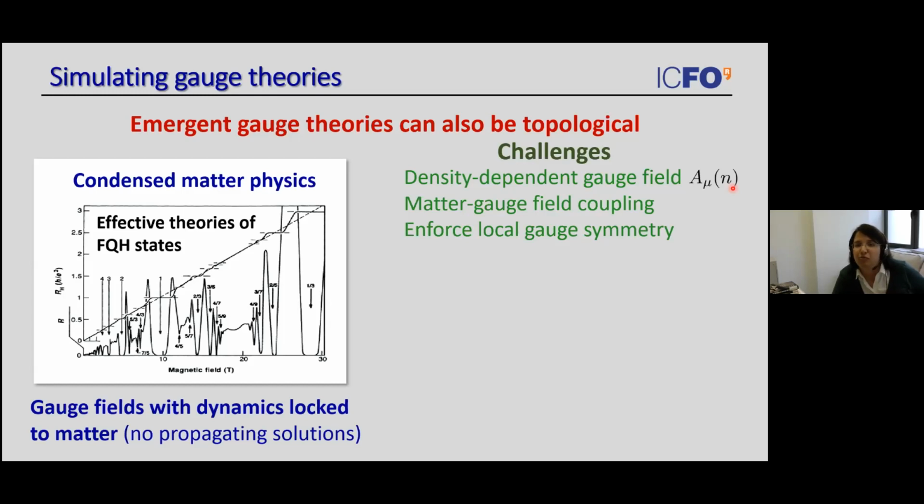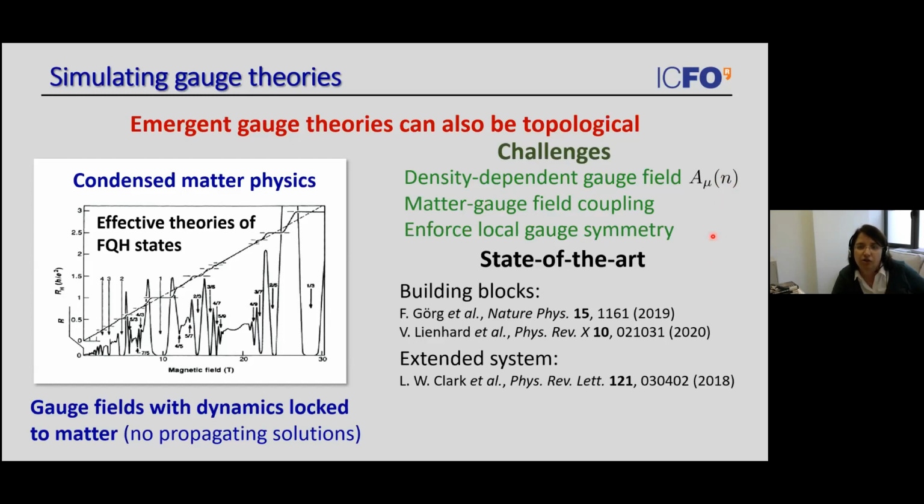And then what is the status of experiments for fulfilling all these requirements at once? People have managed to do building blocks, so engineer some density-dependent Peierls phases in lattice systems, either with two-component fermions in Zurich or with Rydberg atoms in Paris, or even in the group of Chengqing in Chicago, so some vector potential at the end that depends on n in the lattice.